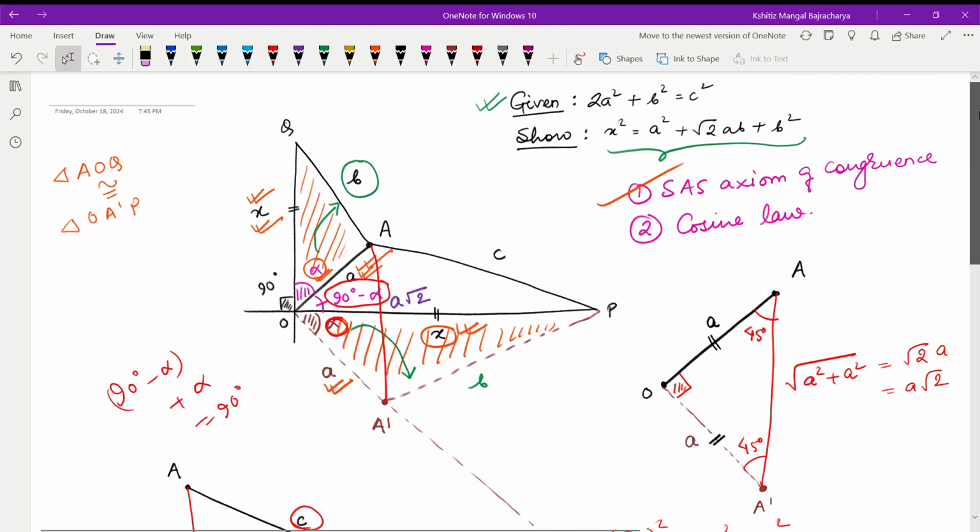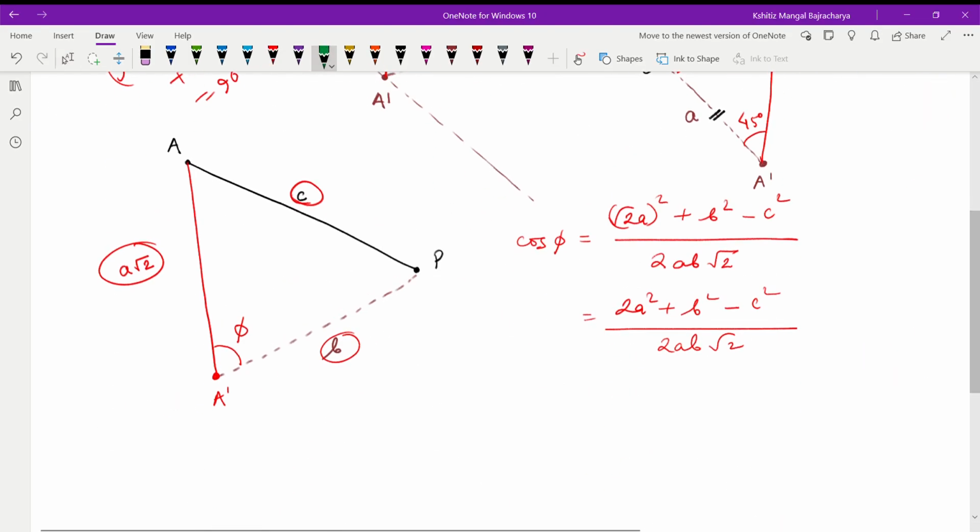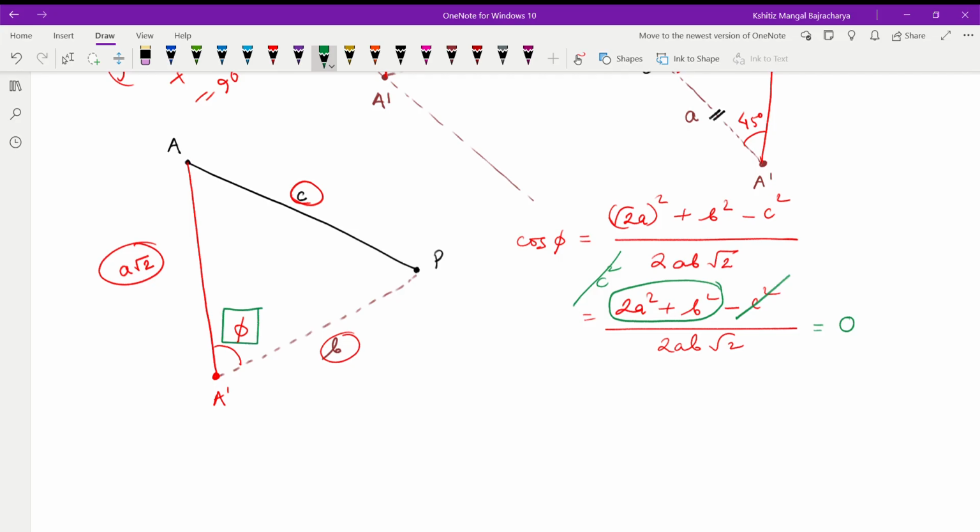Now, twice a squared plus b squared is equal to c squared. We're going to use this condition, and we get this as c squared, which cancels the other c square out, and as a result we get cos phi is equal to 0. Since phi is an angle of a triangle, it should be strictly between 0 degrees and 180 degrees.